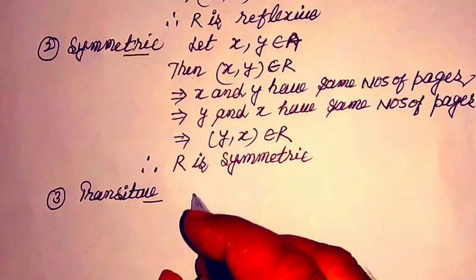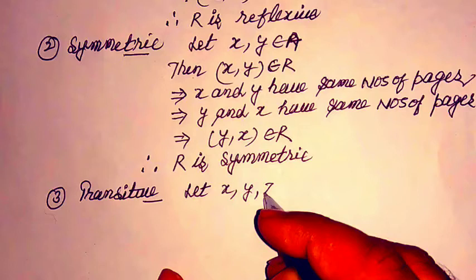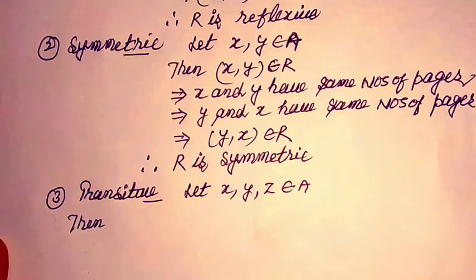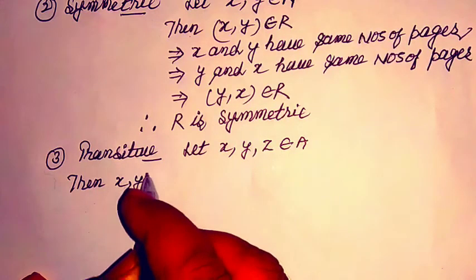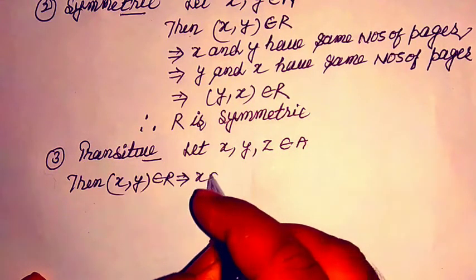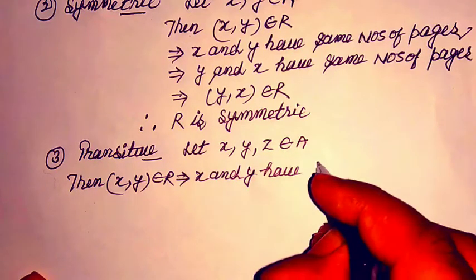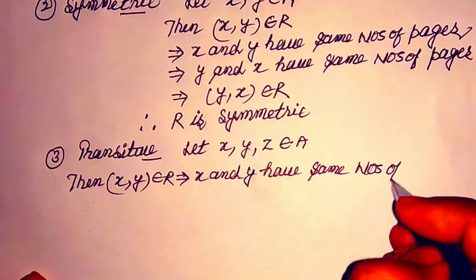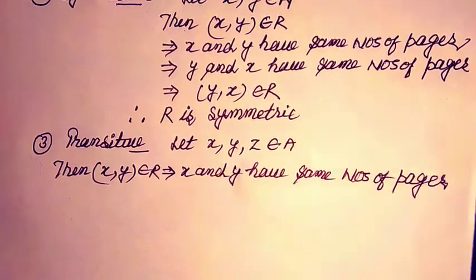So we will take 3 books here, x, y and z belonging to set A. Then we can say (x, y) belongs to R. So what is the relation here? x and y have the same number of pages, isn't it?